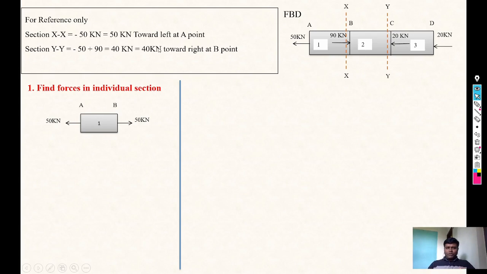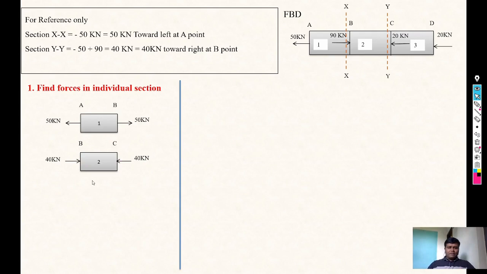Plus 40 kilonewton means that 40 kilonewton force is acting towards right at B point for second section. That force is going towards the body. So just consider opposite at C point, it's again towards the body. So this direction is right side and this direction is left side, 40, 40.